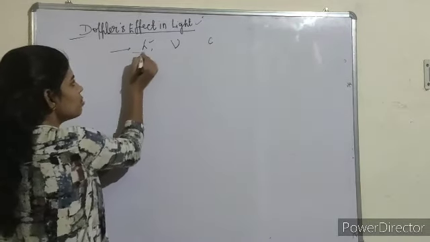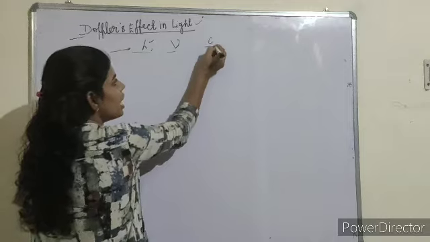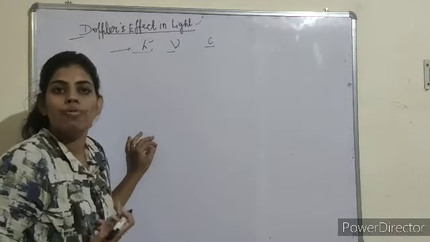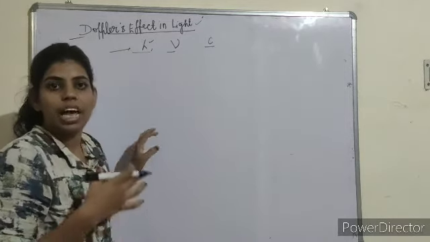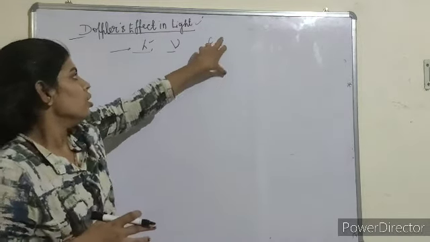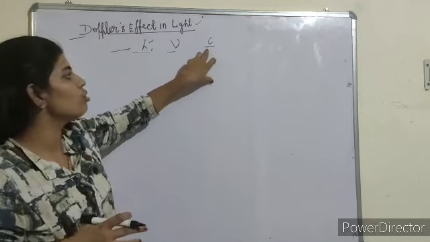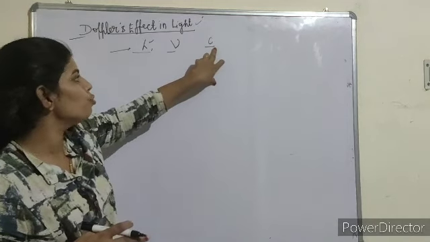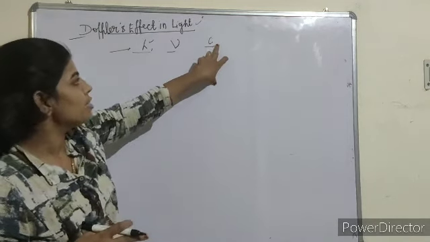You know all these terms. This is wavelength, this is frequency, and this is the speed of light waves emitted by the source of light in medium.